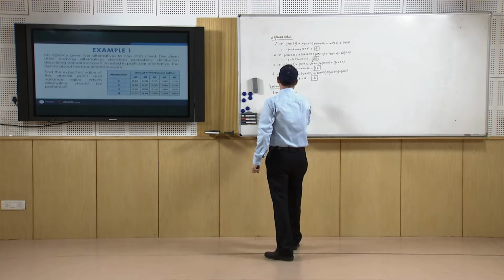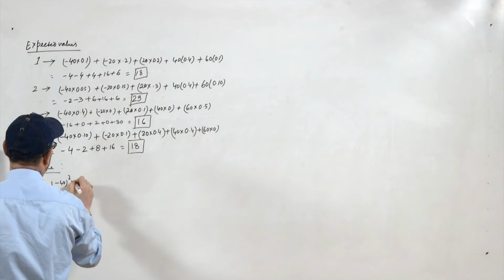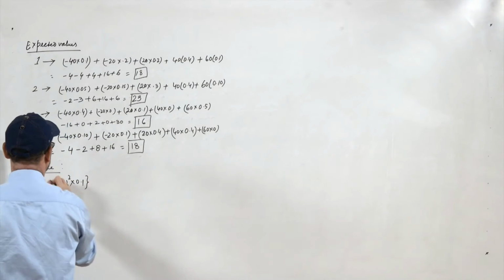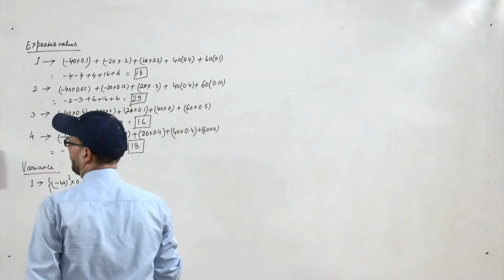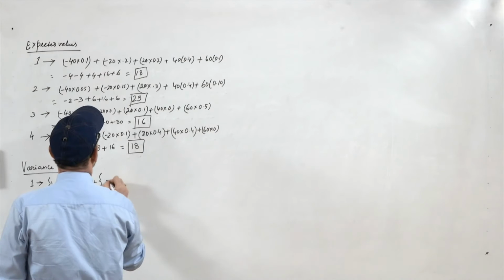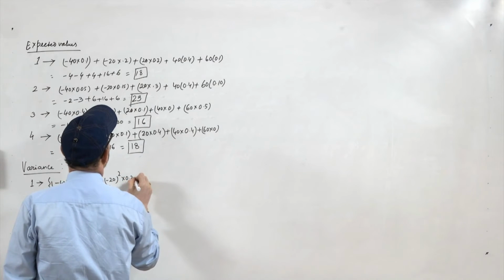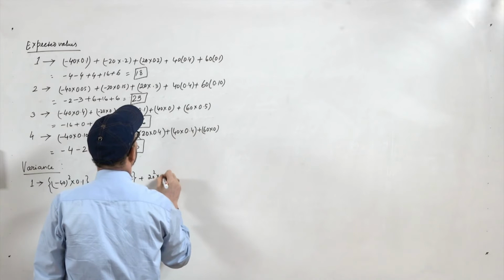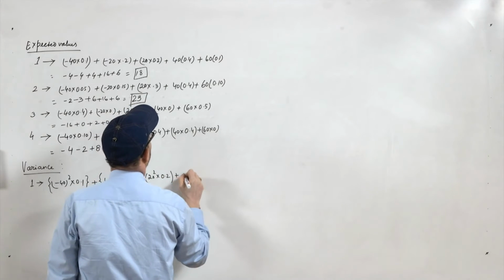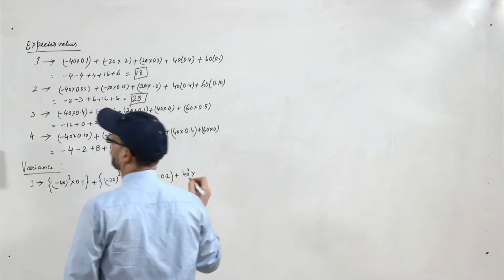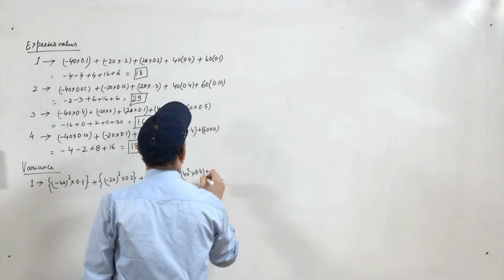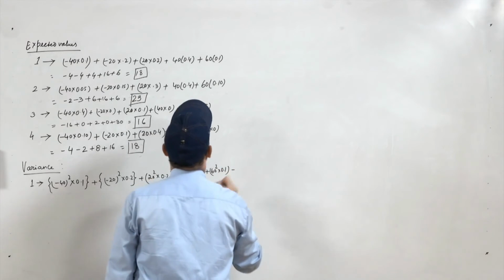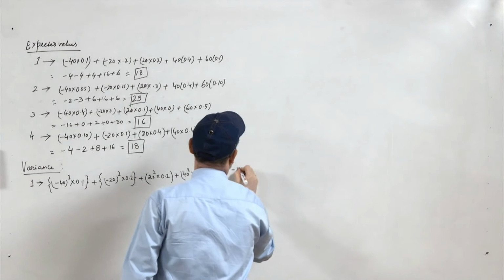So, it will be minus 40 square multiplied by 0.1, plus minus 20 square multiplied by 0.2, plus 20 square multiplied by 0.2, plus 40 square multiplied by 0.4, plus 60 square multiplied by 0.1, minus the expected value square, that is 18 square.